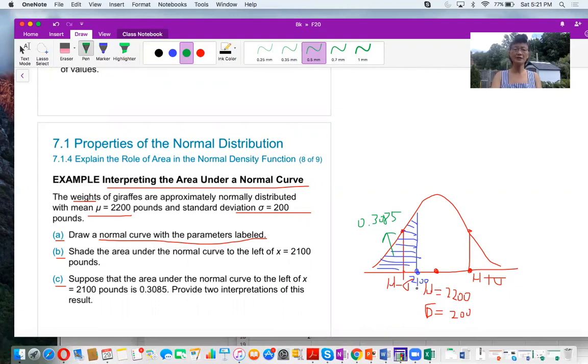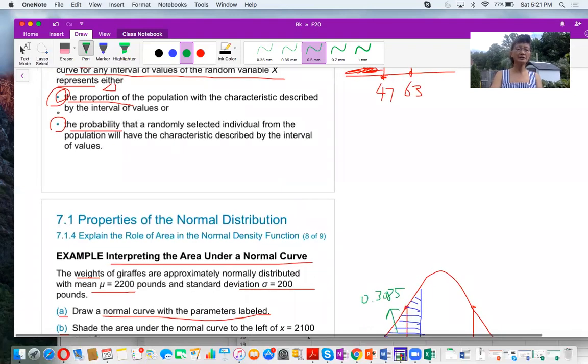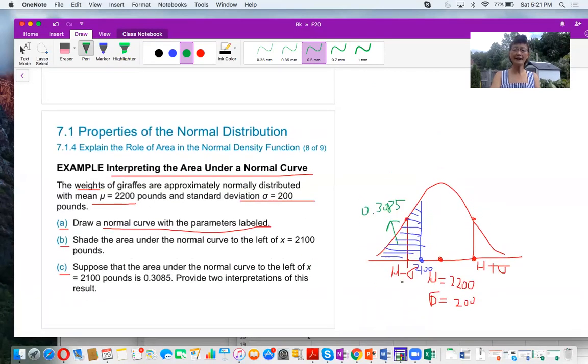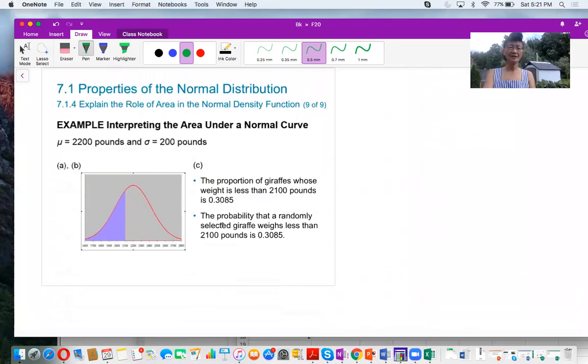That is interpretation one. Interpretation two, the probability. The probability of a randomly selected giraffe whose weight is equal to or lower than 2,100 is 0.3085. So that is the interpretation. And this also provides the solution. I already did this.